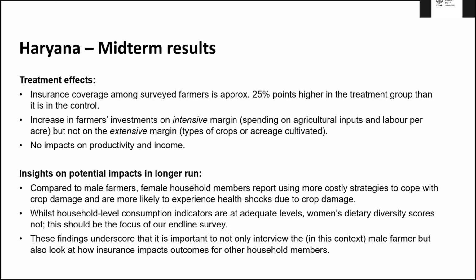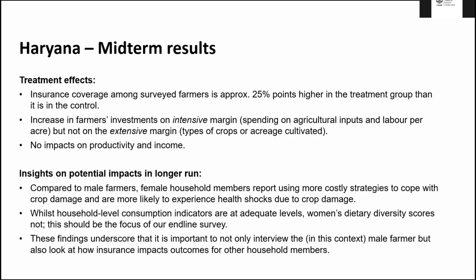But we decided to interview them, and we were really happy that we did that because they actually report a higher frequency of shocks happening, weather shocks, damaging crops. They are more likely to report crop damage than male farmers, and they also are more likely to report using costly coping strategies. Finally, they're more likely to experience health shocks from crop damage.